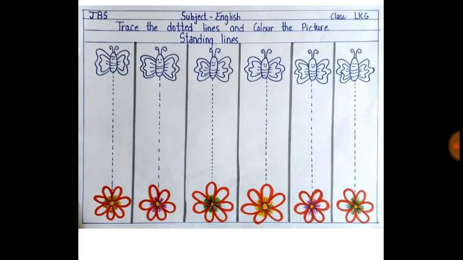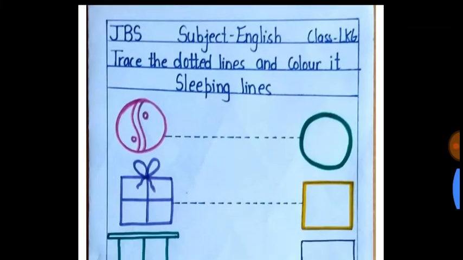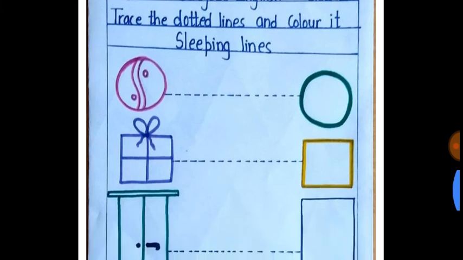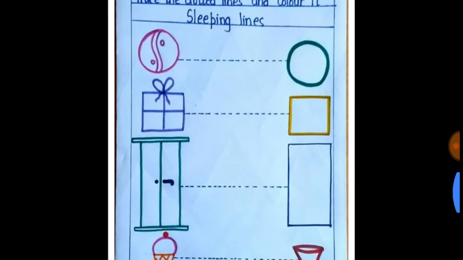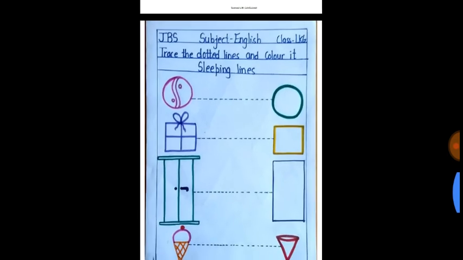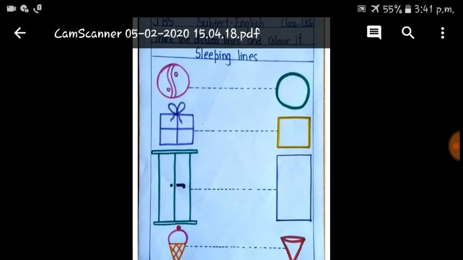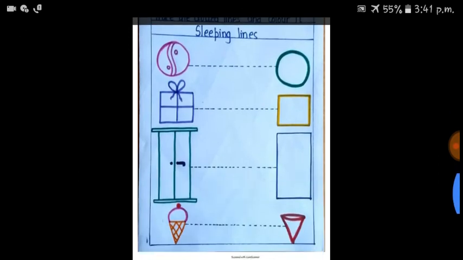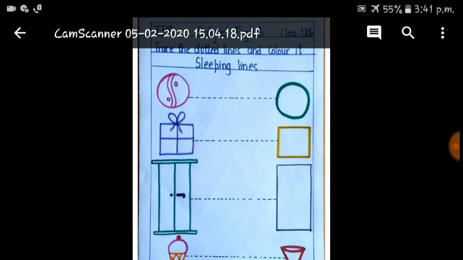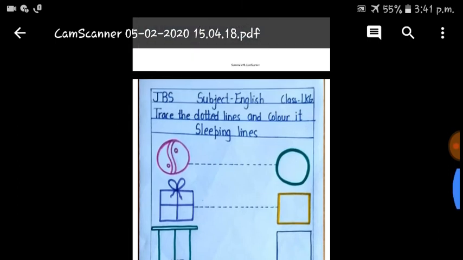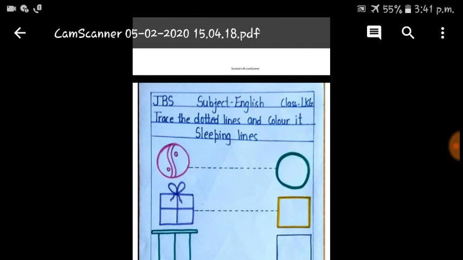Now next I prepared the worksheet of sleeping lines. So parents, here you can guide your child to trace the dotted line and tell them to name the strokes.